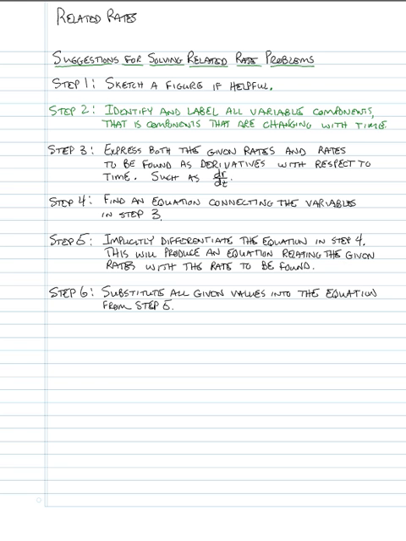Take the equation that we now have from step 5 and substitute all the given values, that's all the given rates and the specific variable values that we're freezing at, into that equation. And then after we do that, if we don't already have it solved for the unknown rate, that's what step 7 is: solve for the derivative that will give the unknown rate.